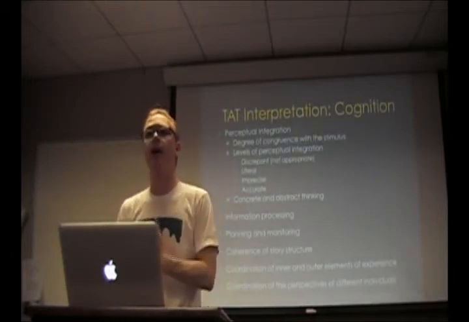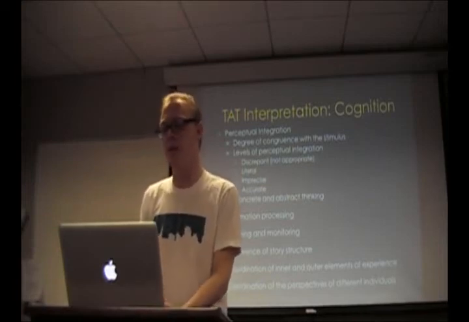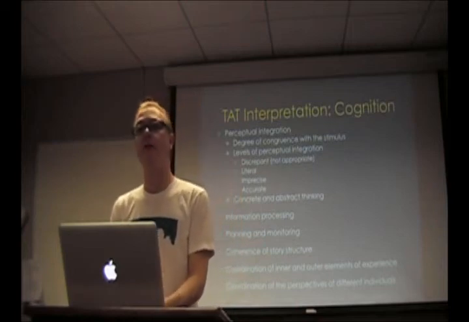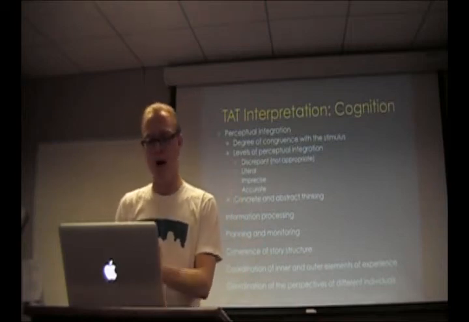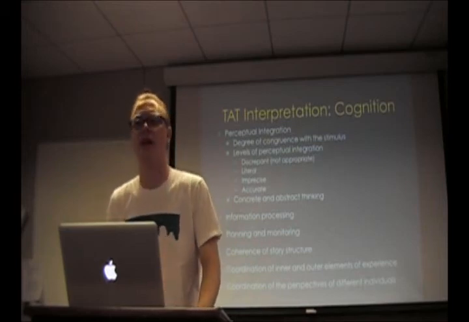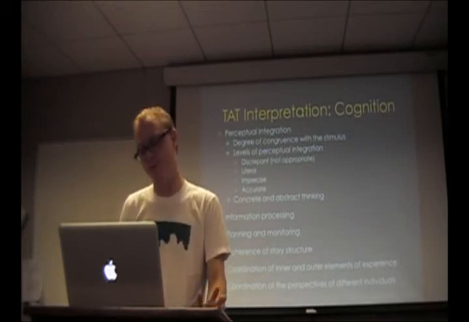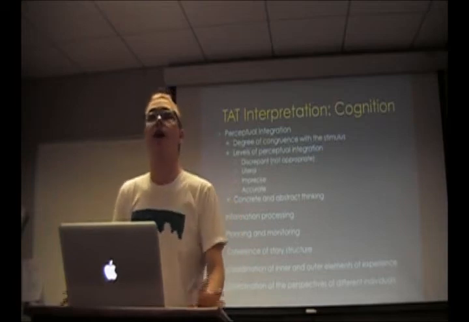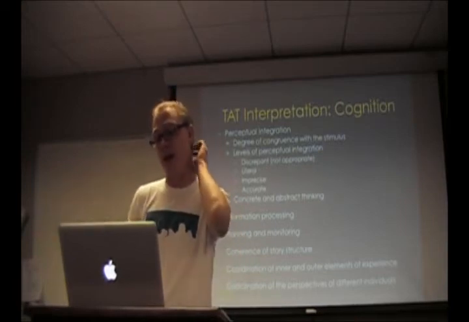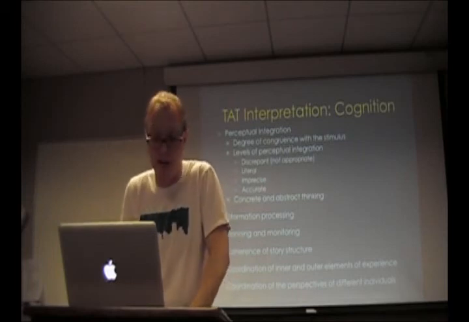And when we're looking at responses to the TAT, we can look at them in different general fields. So the first one that I'm going to talk a little bit about, and again, I know I'm moving quick, but that's because I don't think it's that essential to keep this all to memory for the comps. So there's a cognitive piece. How are they able to get information in, and how are they able to process it?